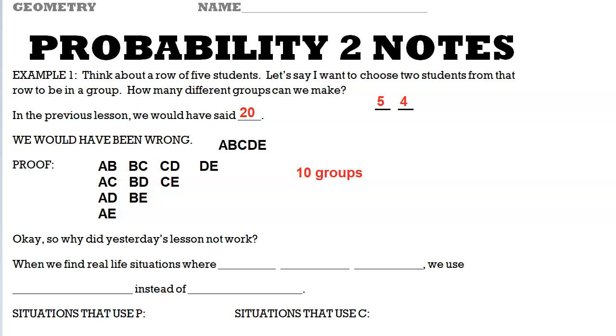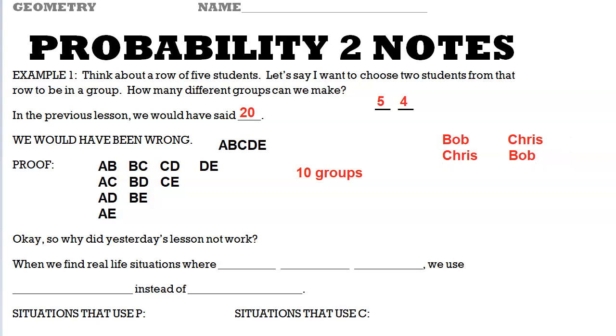The key is, if I put, let's say, Bob and Chris, I'm just thinking letters here like B and C. If I put Bob and Chris in a group of 2, isn't that the same as putting Chris and Bob in a group of 2? If I make a group and it has Bob and Chris in it, isn't that the same as if I did a group with Chris and Bob in it?